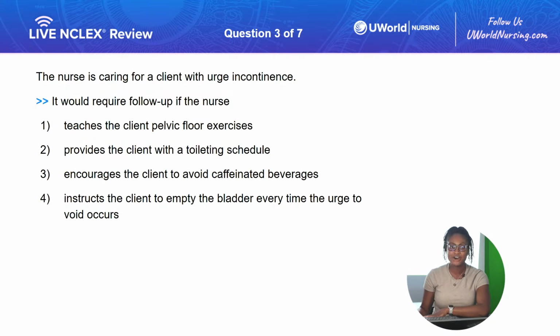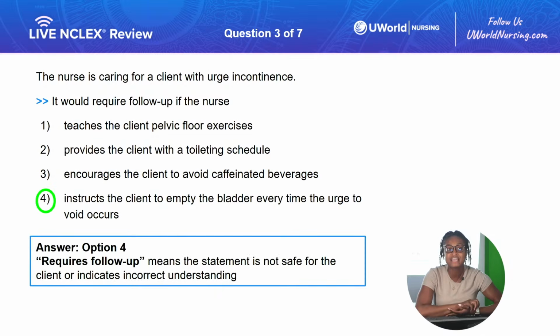So let's move on to the correct answer, which would be option 4. Instructs the client to empty the bladder every time the urge to void occurs. I saw someone in the chat that also talked about using caution when the answer choices use absolutes like every time or only.